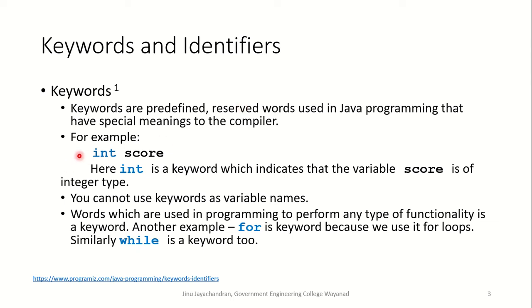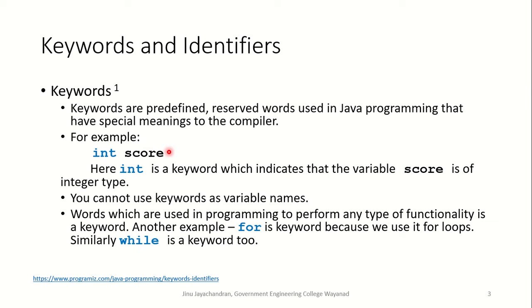For example, if you take int score, so int is a data type and it carries a 32-bit number. So this int is already defined in the programming language, and a compiler can understand that particular word. So this is a reserved word. So this is called a keyword.